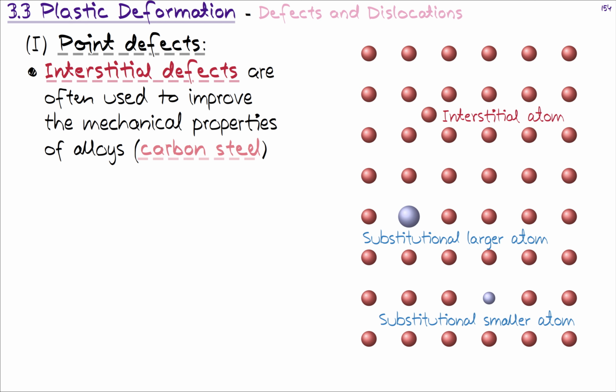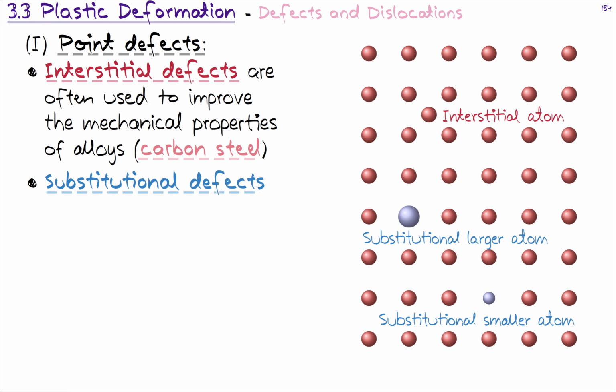A good example of an alloy is carbon steel, where we add a few percent of carbon into iron and we make steel. The mechanical properties of iron are improved dramatically when we intentionally add a given amount of carbon into the structure. Somehow it makes the whole atomic structure more rigid with respect to plastic deformations.